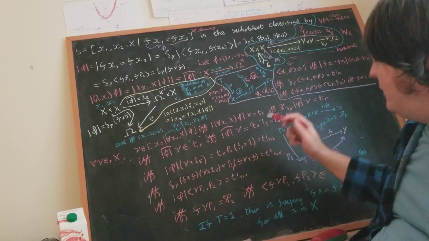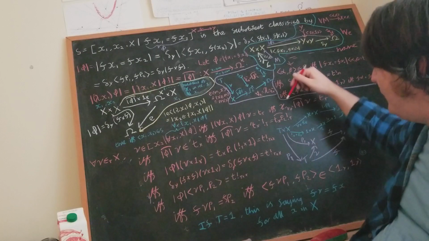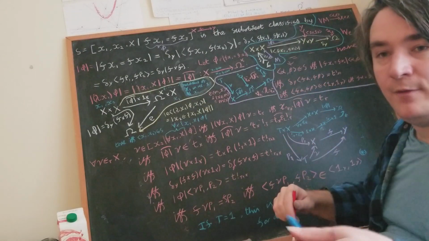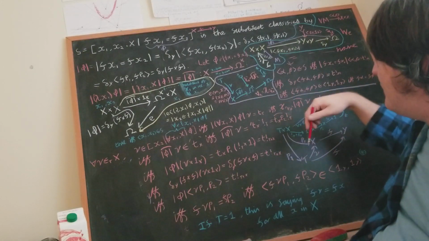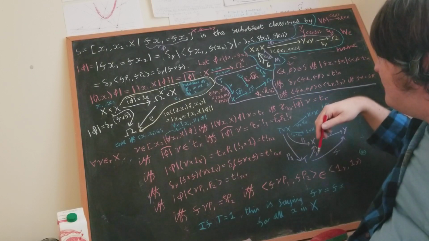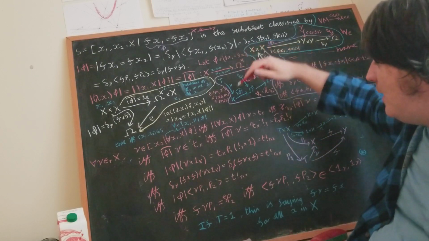So okay, what that means, if we go back, we want to go from talking about this classifying arrow to talking about the actual monic that it classifies.